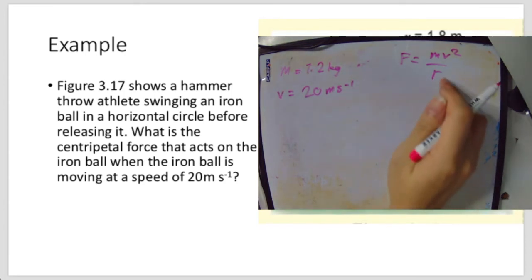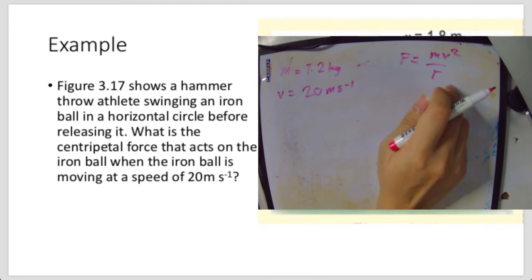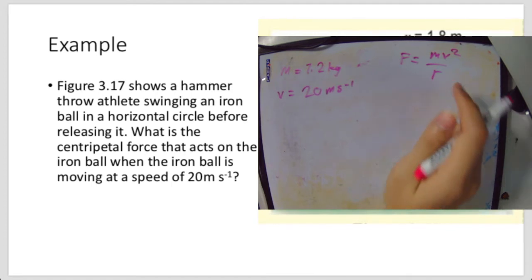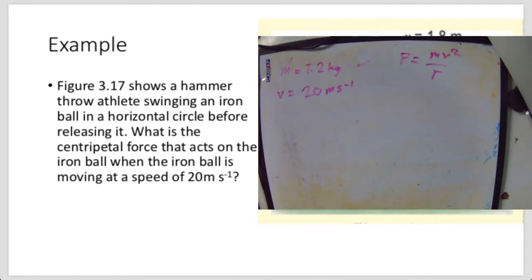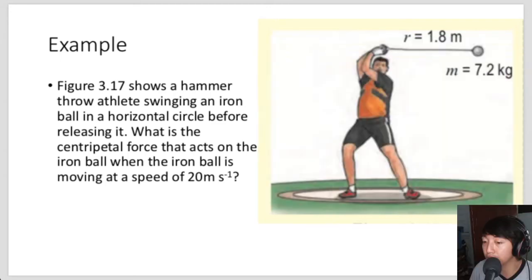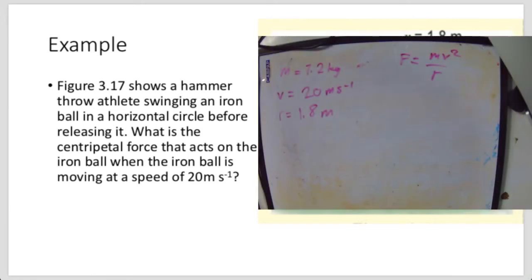Now we need to calculate the length of the string, the distance of the ball from the center. Let me show the picture again. You can see the string is 1.8 meters. So R equals 1.8 meters. Now we have all the information we need.